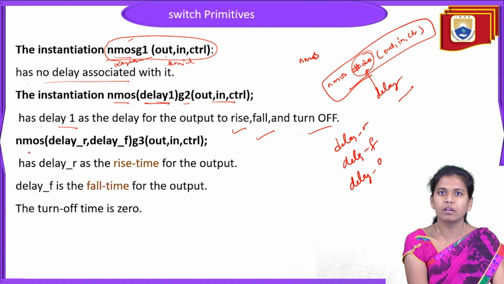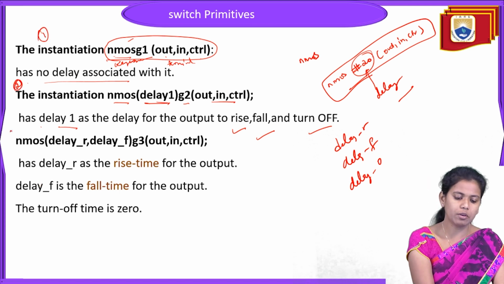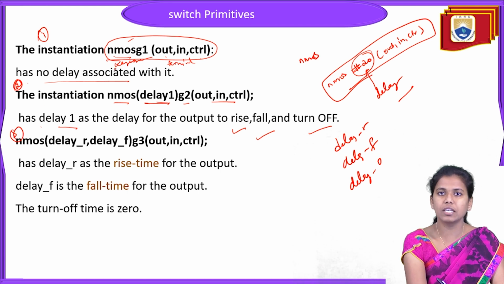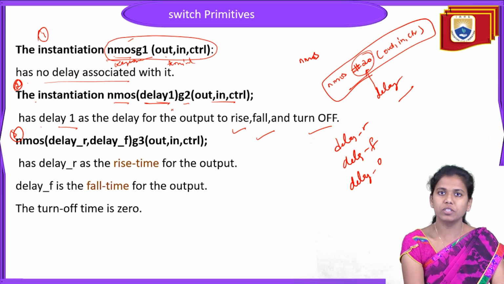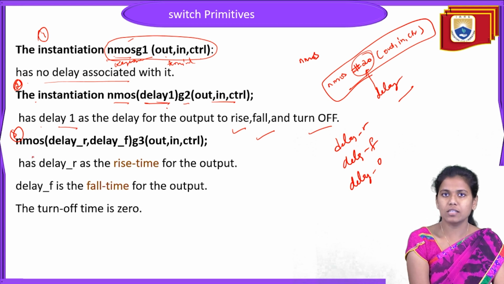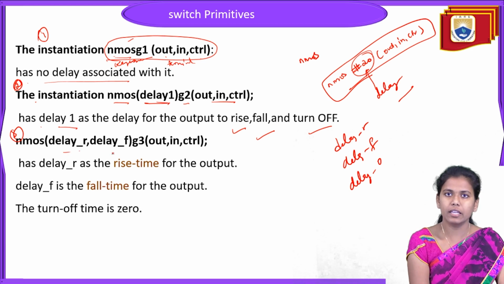So here if you observe, we have 2 delays. Consider these as the first one, the second one and the third one. In the first one we see that there is no delay; the switch is passing on with no delays. Whereas in the second, the switch has only 1 delay. The representation of delay 1 is like this, and in the third case we see 2 delays. How we represent it is delay R and delay F followed with the gate and the terminal list.